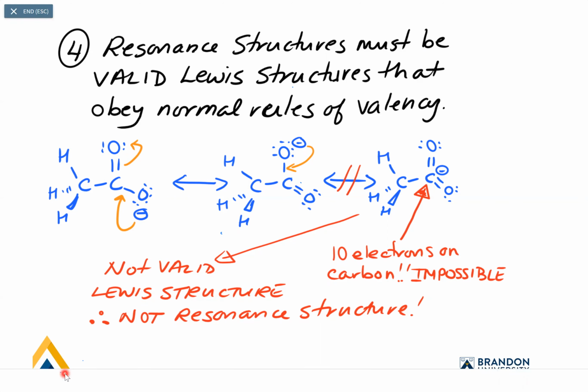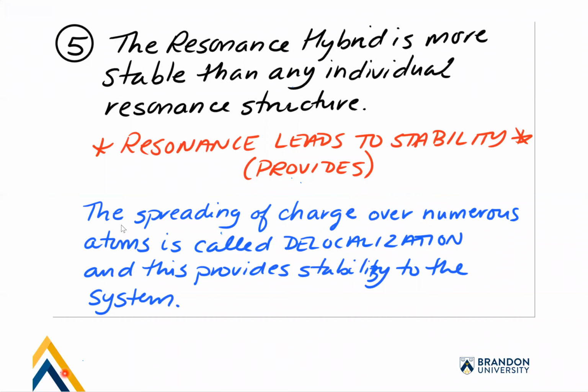Okay, and then the fifth one is that the resonance hybrid is more stable than any of the individual resonance structures.